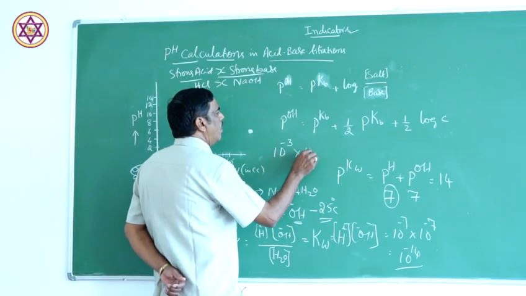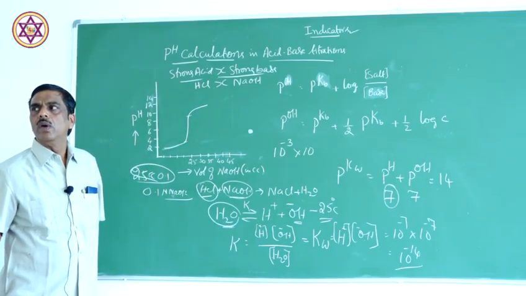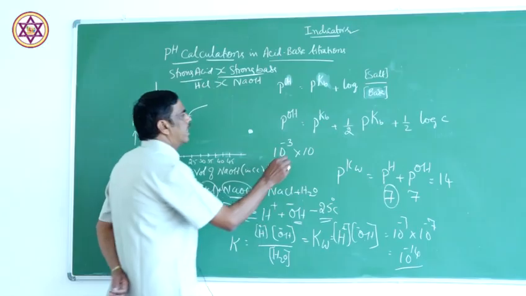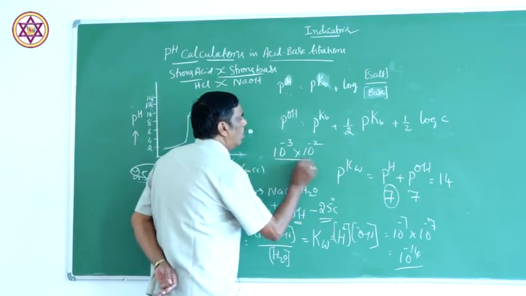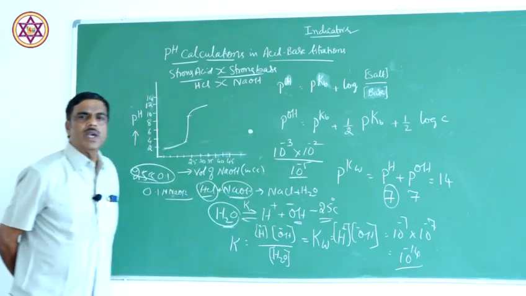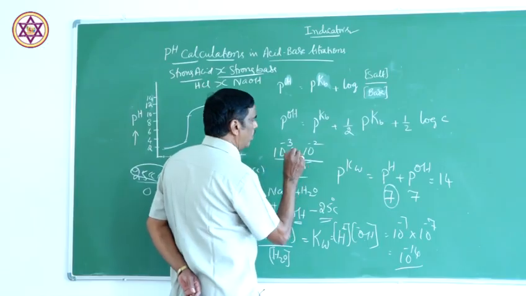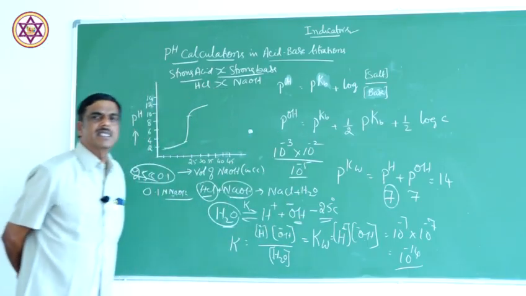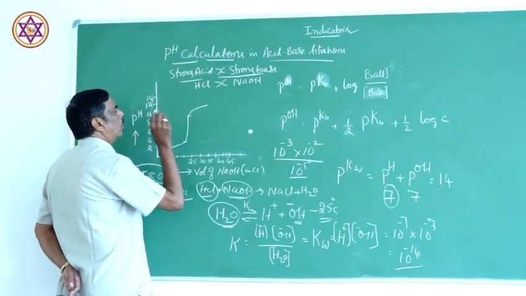If you take 1 ml as 100 drops, one drop can be written as 10 to the power of minus 2 ml. Therefore it becomes 10 to the power of minus 5. pOH is 5. Therefore pH is 9. So suddenly pH changes from 4 to 10.